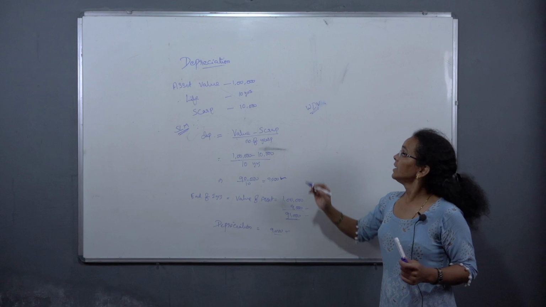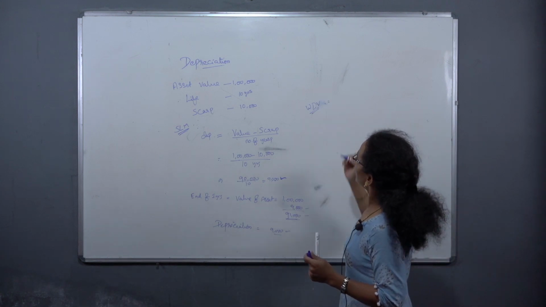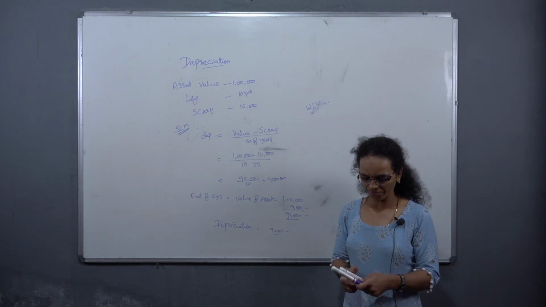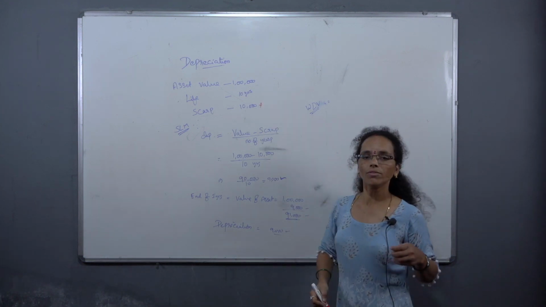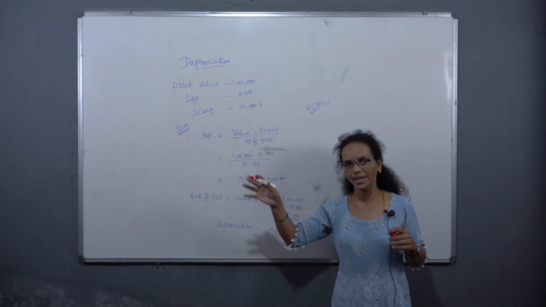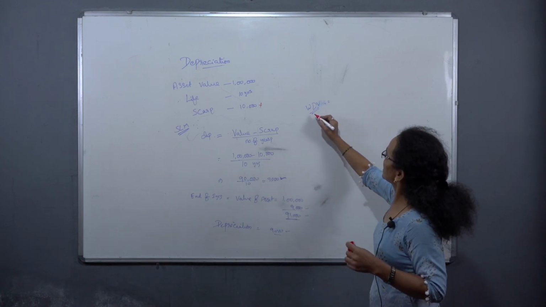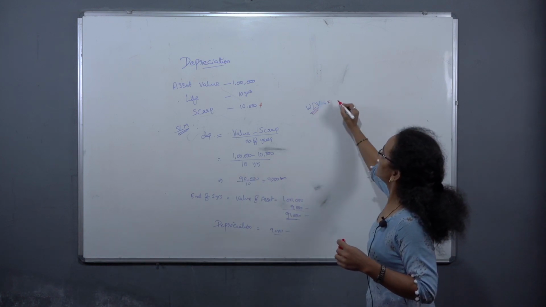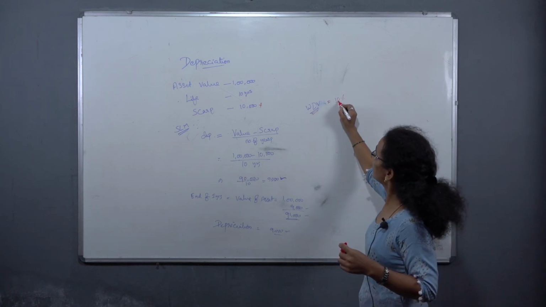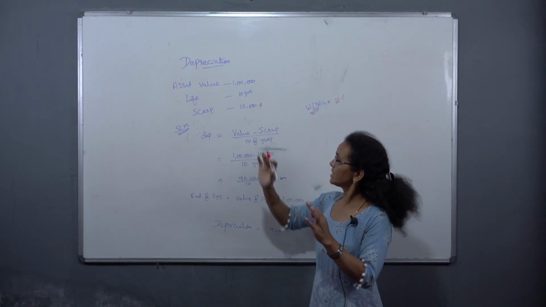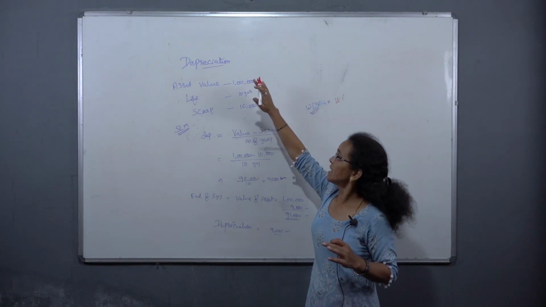WDV method, written down value. Here we don't talk about the scrap value; we don't know how much we are going to expect at the end of the 10 years. I am taking an example of 10%.